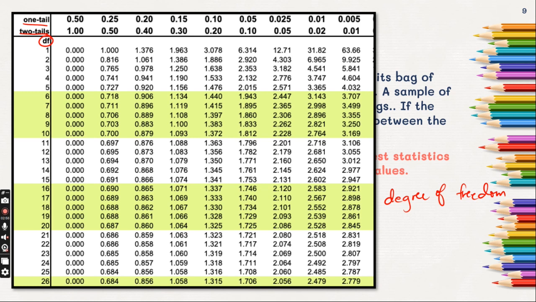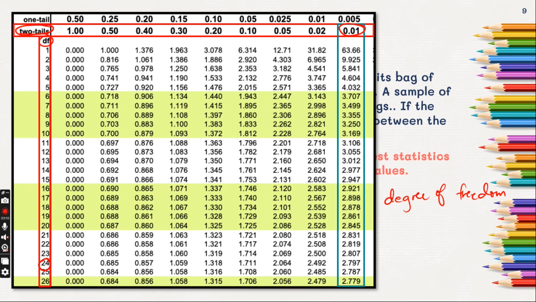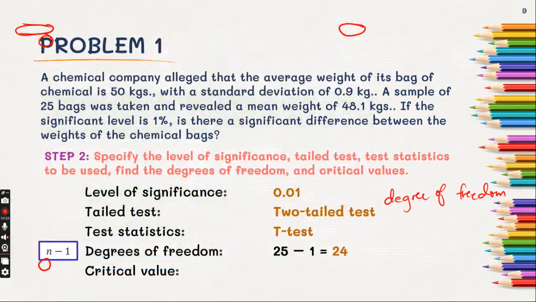Since the given problem is a two-tailed test, we look up the critical value. Since this is a two-tailed test, of course, our critical value will be plus or minus 2.797. Remember that one.